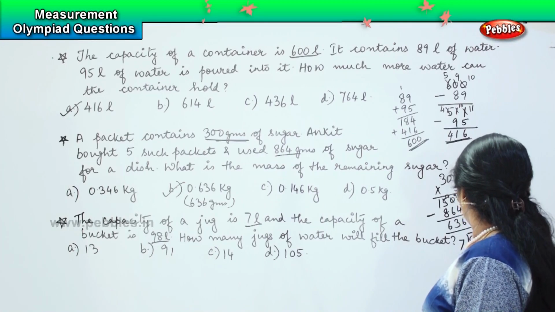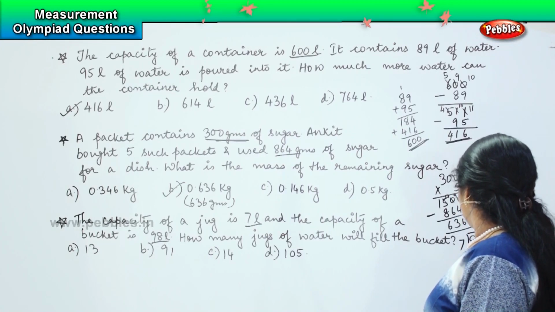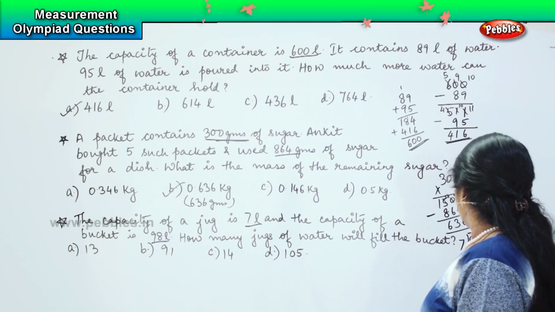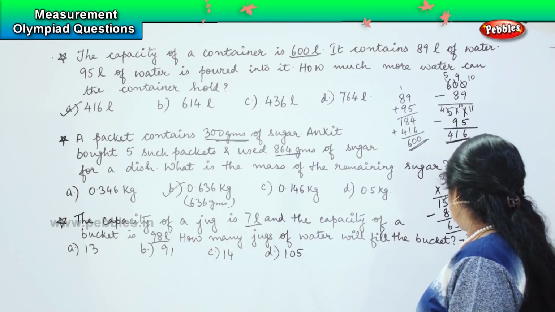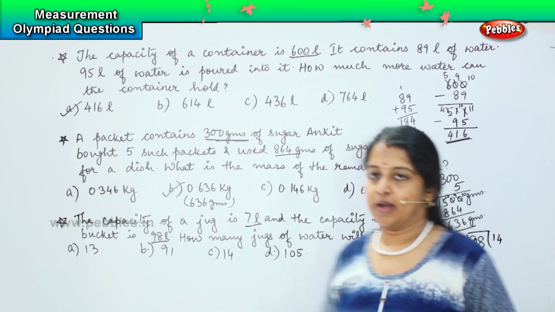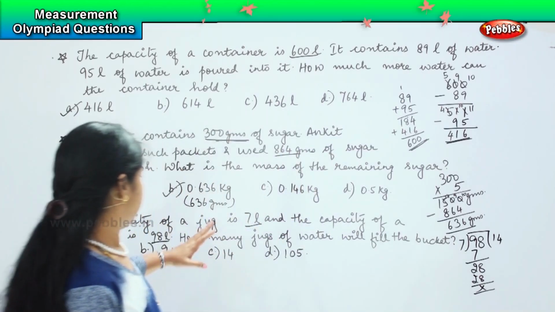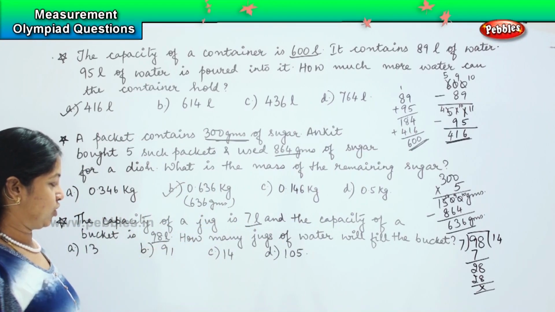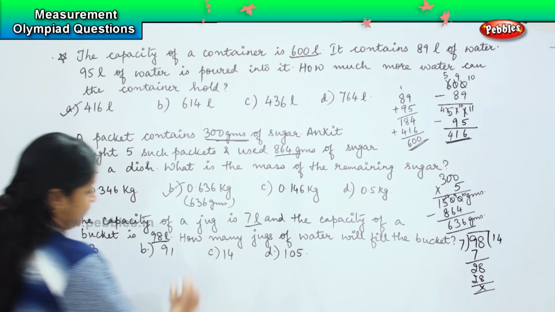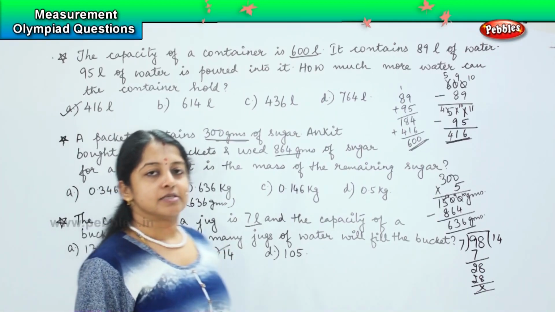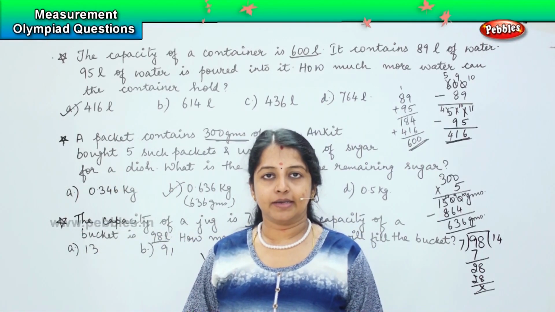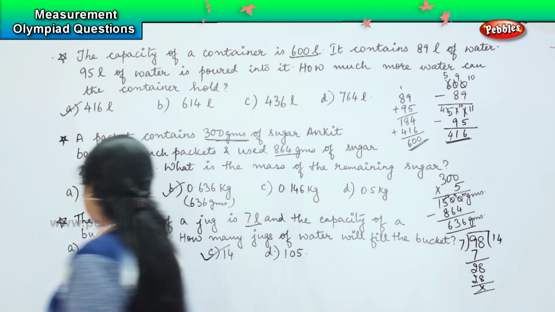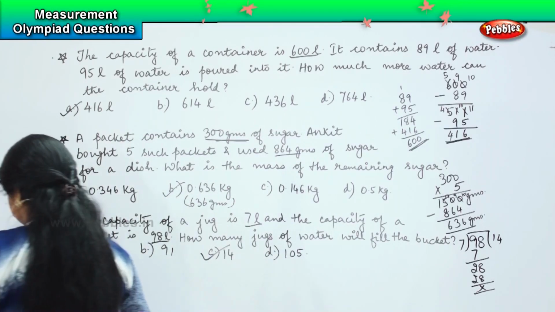Okay, so 1, 28, 7 fours are 28. So which means that 14 jugs are required in order to fill the bucket, which has a capacity of 98 liters. So option C, 14 is the right answer. Clear?